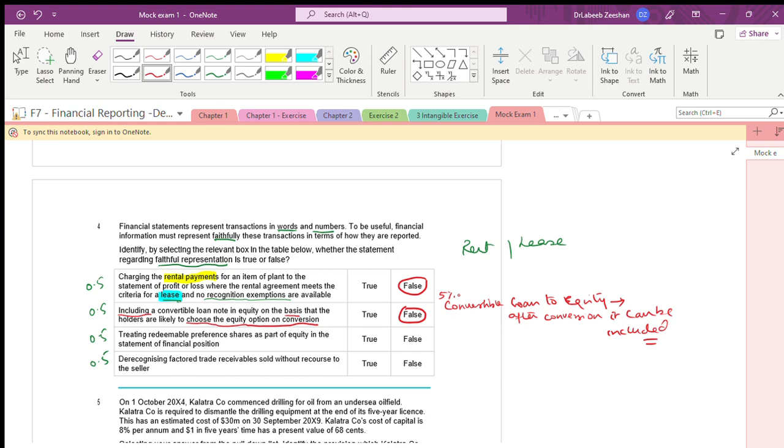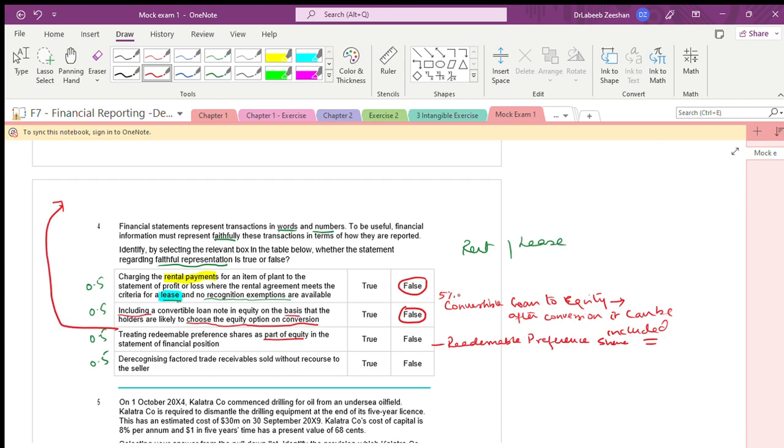Understand? Next, treating redeemable preference shares as part of equity in the statement. No, we cannot. Redeemable preference shares are different. Equity is different. You cannot say it is a part of equity. When you are talking about redeemable preference shares, what happens?